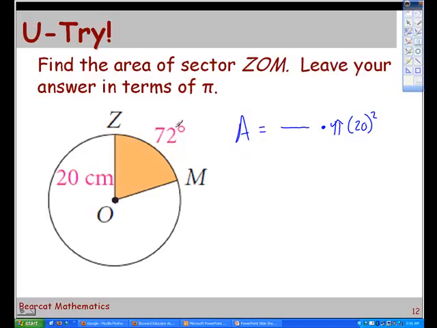Which is 72 degrees, over how many total degrees? 360. So I'm just looking at the 72 over 360 fractional part. I'm not looking at the whole area. So let's see, 72 over 360, what does that become?